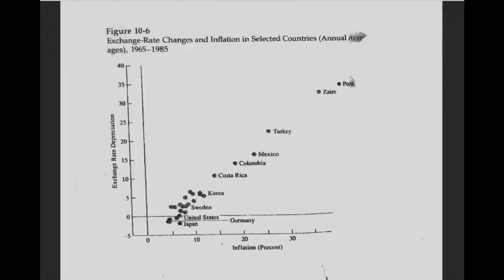This is the same figure, but for a broader set of places, including places that didn't experience any great hyperinflation and the few that actually did. And it's averaging it over 20 years, as I mentioned. And so, does this look like a 45-degree line? Weiss is shaking his head.